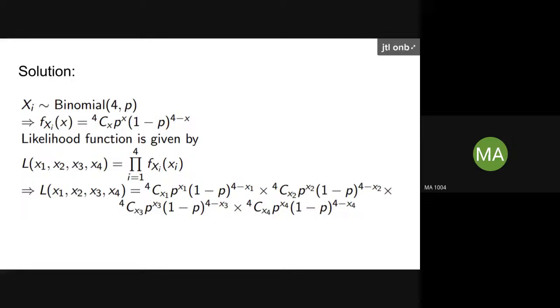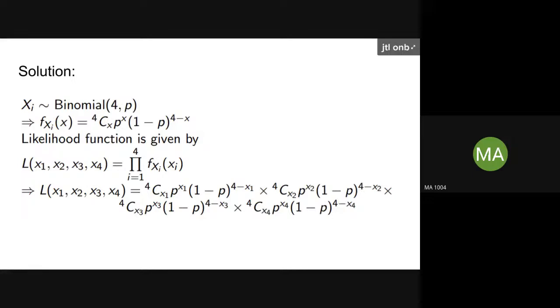Now the likelihood function you can write like this: L of x1, x2, x3, x4, comma p, is equal to the product of all 4 probabilities. Each and every probability will be here. Instead of x1, the value is 2, so it will be 4C2 times p power 2 times (1 minus p) whole power 2, since 4 minus 2 is 2.